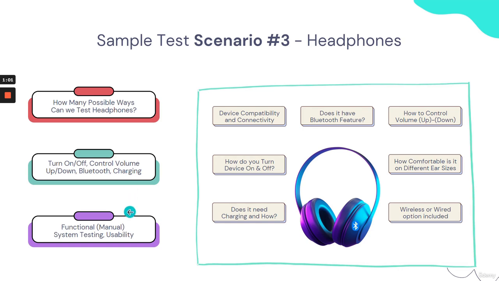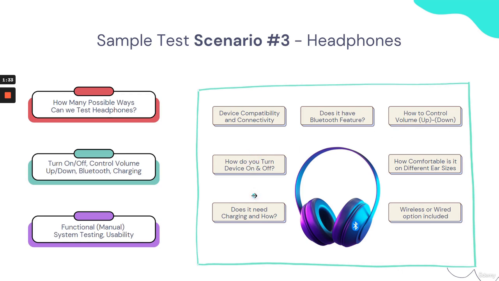Some of the functional manual system testing and usability ideas for test scenarios would include things such as device compatibility and connectivity with other devices, having a Bluetooth feature, learning or attempting to control the system volume settings by pressing up and down, turning the device on and off.